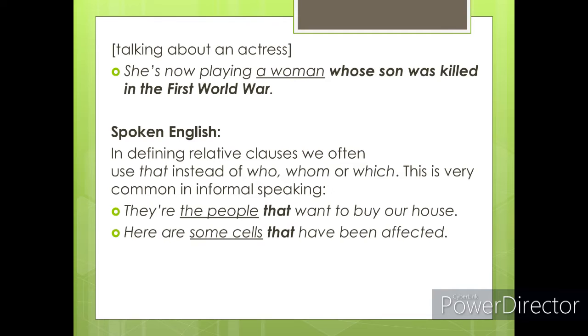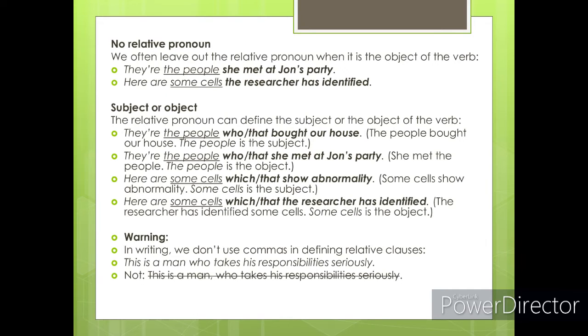Here are some cells that have been affected. No relative pronoun: we often leave out the relative pronoun when it's the object of the verb. For example, they are the people she met at John's party. Here are some cells that the researcher has identified.